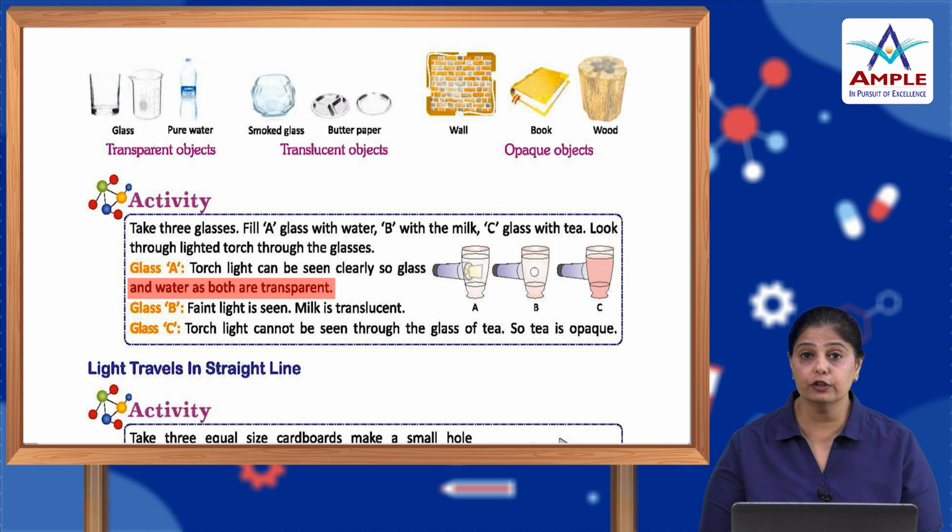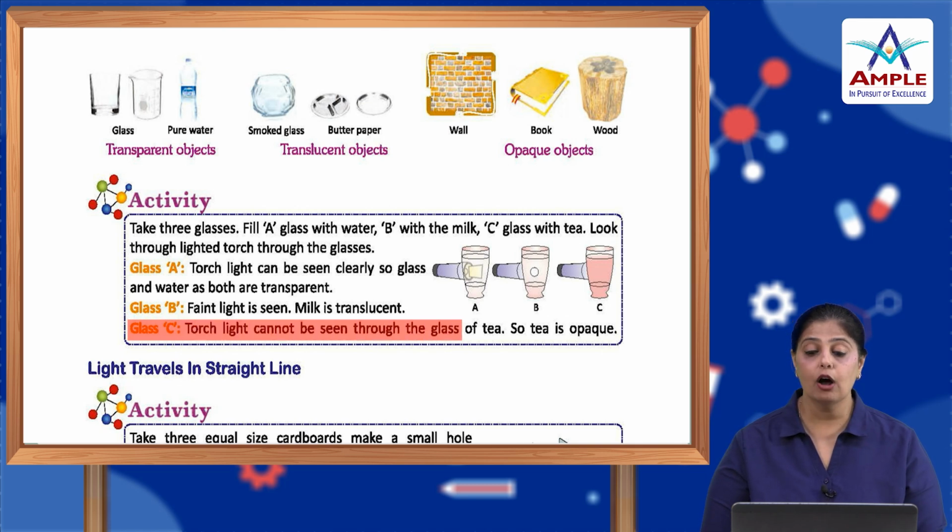That's our observation. In glass B, you can see a faint light because milk is translucent. And in glass C, torch light cannot be seen through the tea because tea is opaque, it will not let the light pass through it.